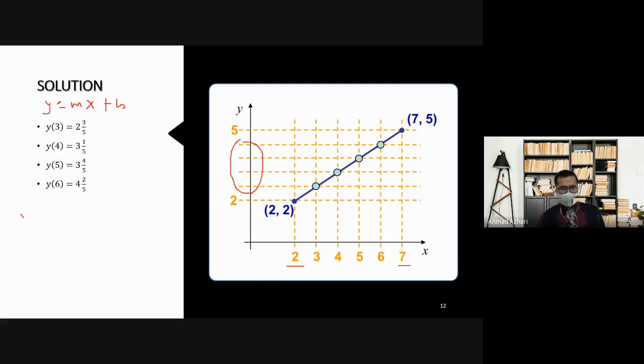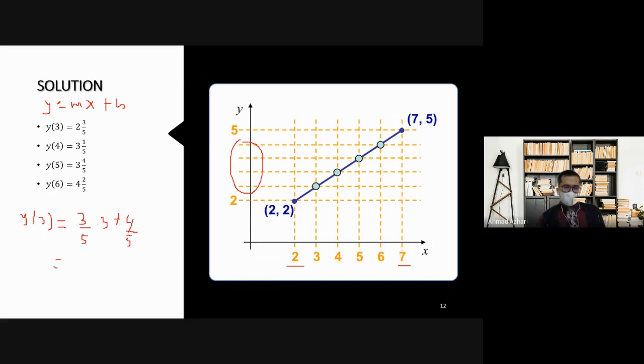I would like to use y3. y3 is m, the gradient 3 divided by 5, multiplied by x3, plus b, which is 4 divided by 5.